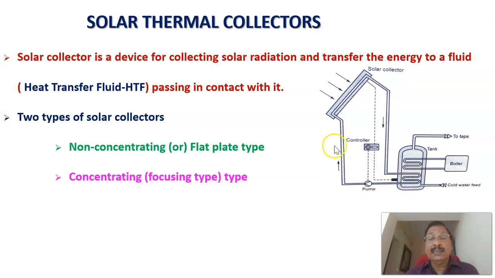Here cold water is entering, and that cold water is getting heated because of this heat, and the heated water is going outside. Another one goes to a boiler also. This is one type of collector, called the flat type collector, and we'll see later what different types of collectors are used. There are mainly two types of solar collectors.